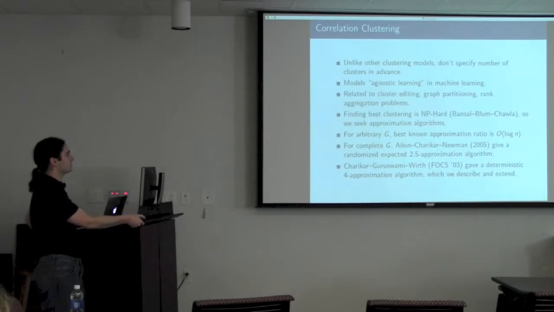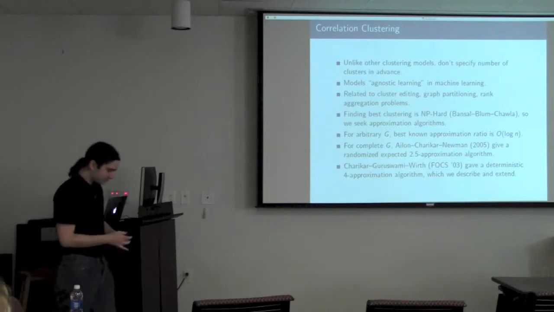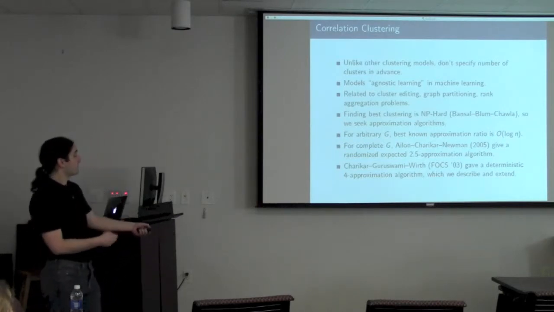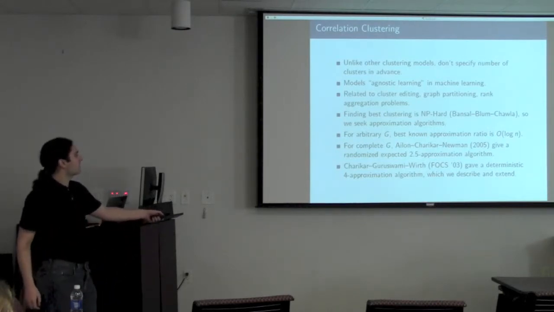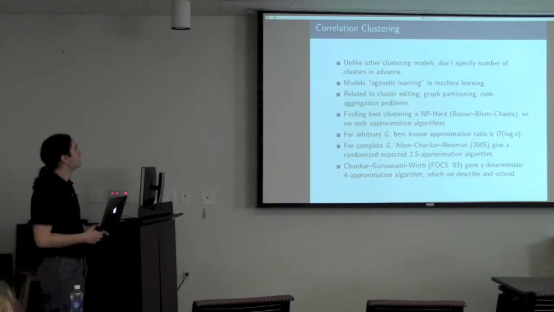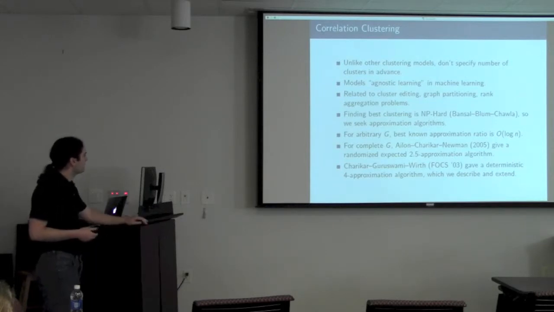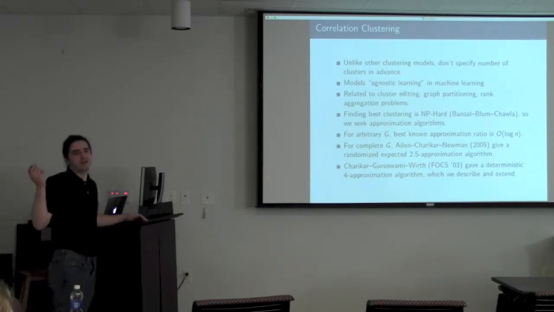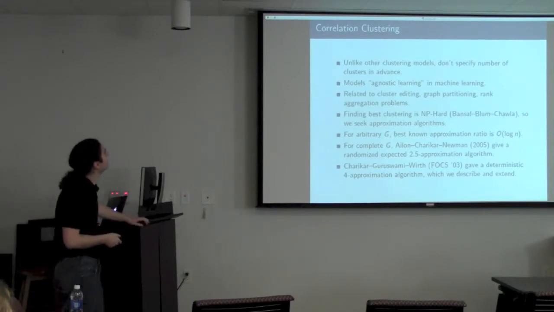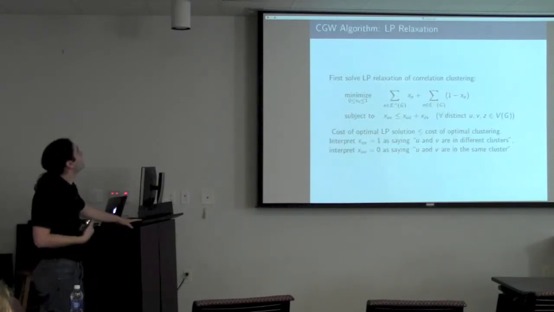In terms of deterministic algorithms, there's a 4-approximation algorithm due to Charikar, Guruswami, and Wirth. So the first thing we're going to do in this talk is look at how this algorithm works and how we could extend it to work in somewhat more general situations. If you have any questions, just sing out. This talk might actually be a bit short.